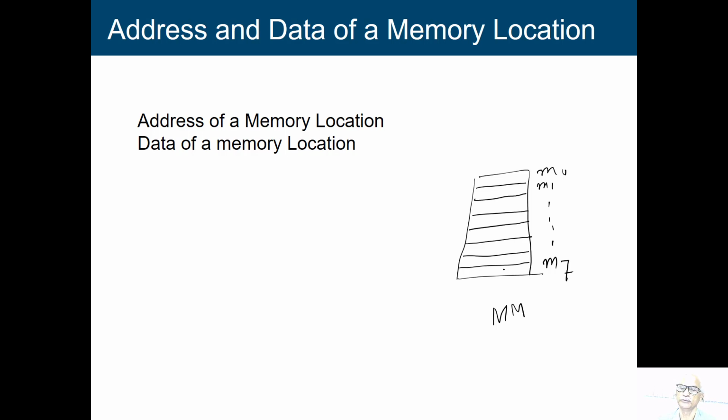Now, to identify any one of these locations, somehow we have to give that information. Say I am going to work with memory location M0 or memory location Mi. You just say I have 8 memory locations. In this case, we distinguish them with the help of electrical signals, and to identify any one of these 8 locations, we can immediately say that we need 3 bits of information, or 3 control signals.